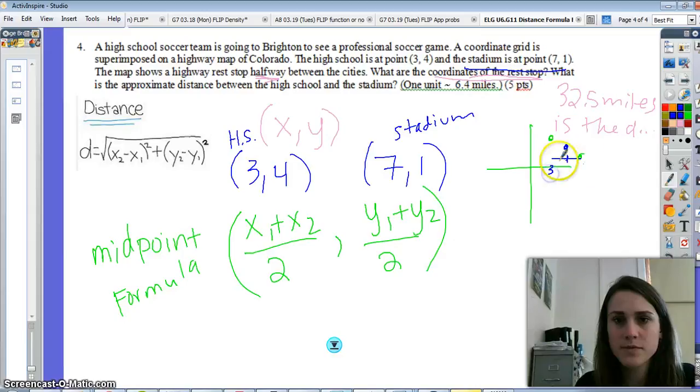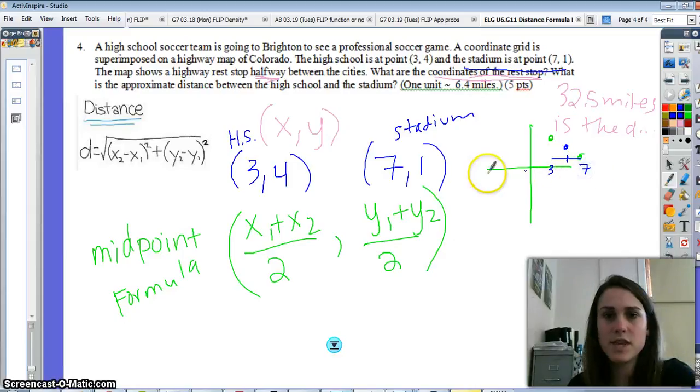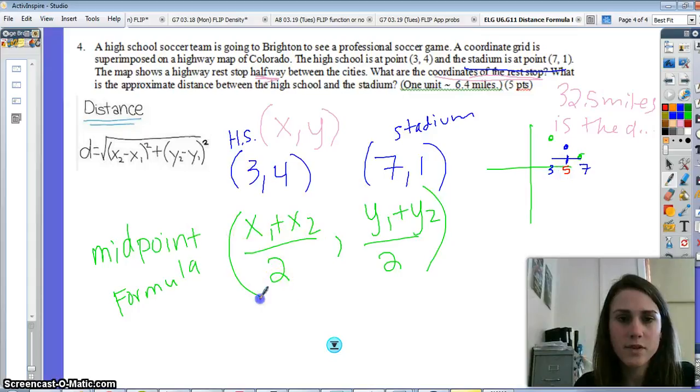So if this is 3 and this is 7, this 3 came from the high school, this 7 came from the stadium, we want to find this point right here. You might be able to tell from looking at a picture that that's going to be 5, but let's double check with our formula. 3 plus 7, I'm adding the two x values, divided by 2. 3 plus 7 is 10, divided by 2 equals 5.